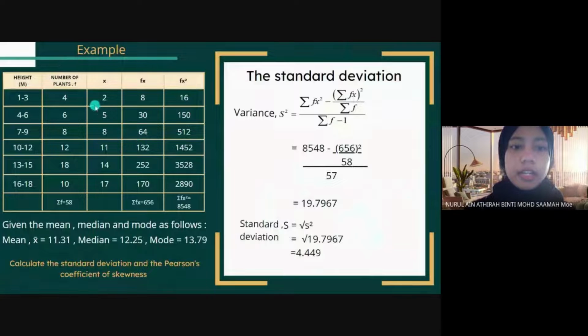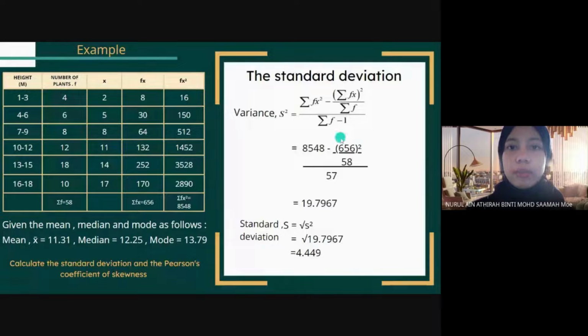Here we have the height and number of plants data. We are also given the mean, median, and mode. So we have to calculate the standard deviation and also the Pearson's coefficient of skewness. In order to find the standard deviation, we have to find the variance first, which is S squared. So we have to find the total of frequency, total of fx, and also total of fx squared.